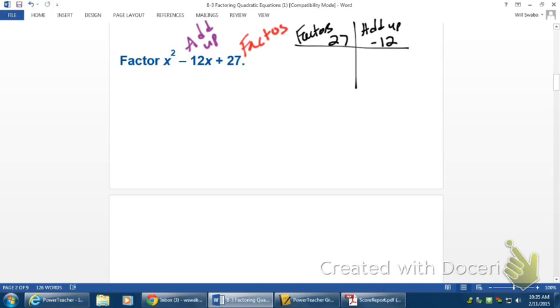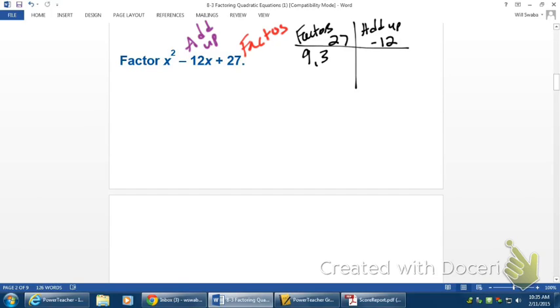Whatever the sign is in front of that number, that's what we're looking for. So we need factors of 27 that add up to be a negative 12. Does everybody see that? Good. What are some factors of 27? 9 and 3? Now, how in the world are we going to get to a negative 12?